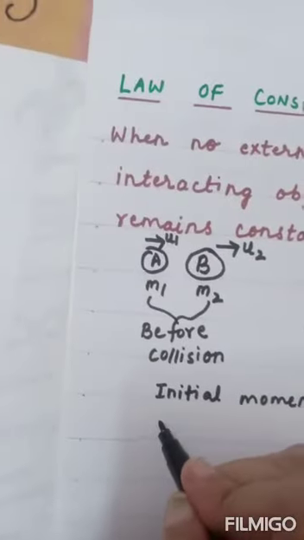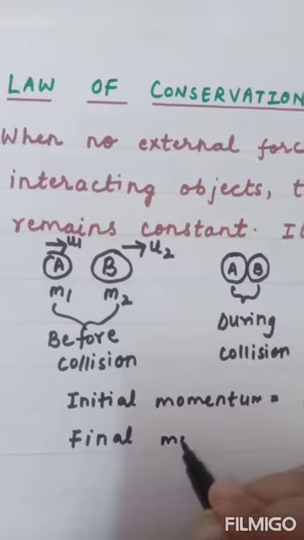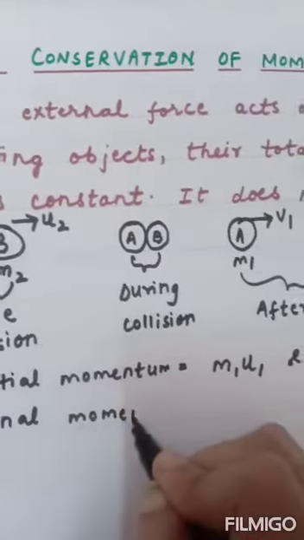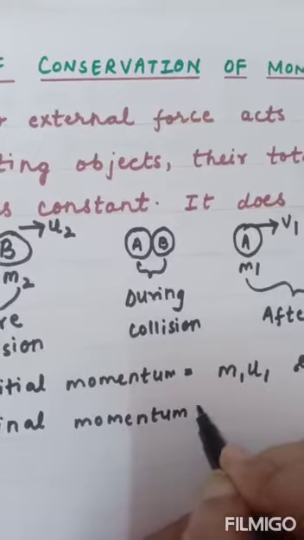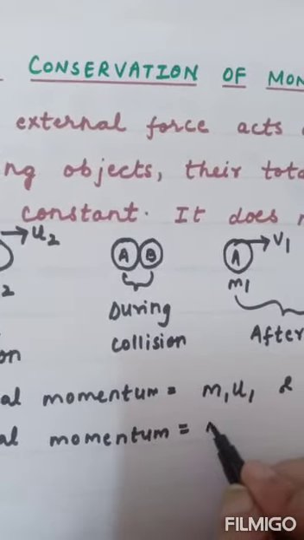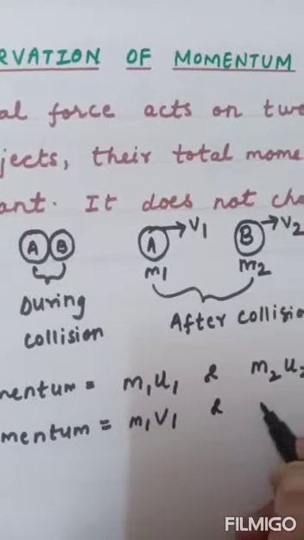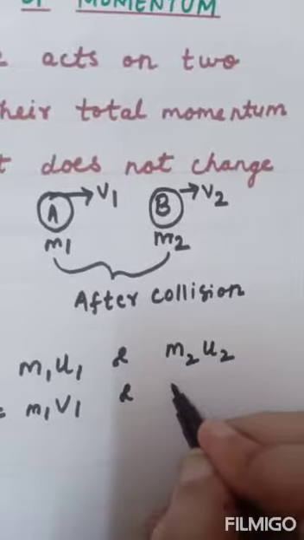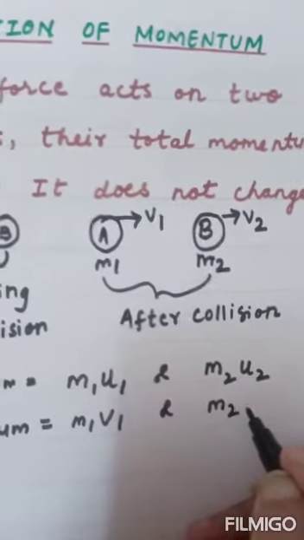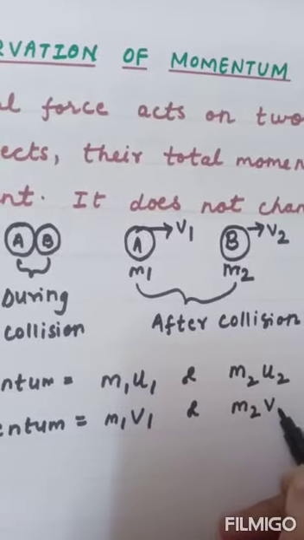What will be the final momentum, meaning after collision? After collision, the momentum of object A will be m1 v1 and for object B it will be m2 v2. We know momentum is the product of mass and velocity.